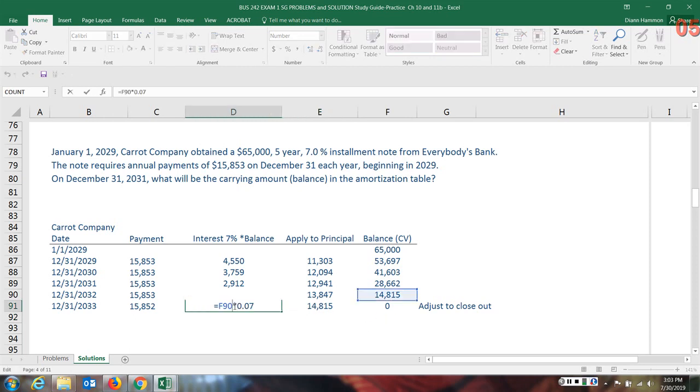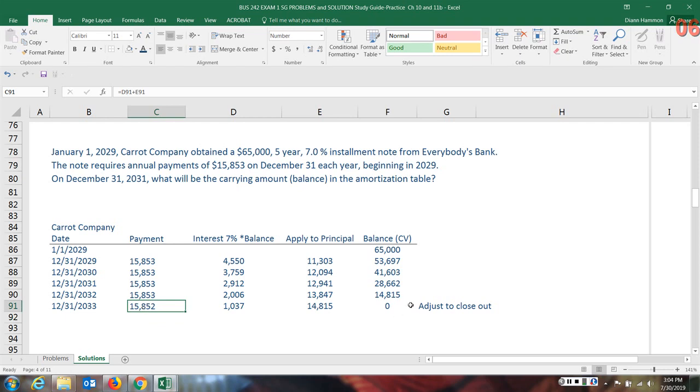We still calculate the amount of interest based on that $14,815 times 7%. So that means the last payment is equal to the interest amount plus the amount being allocated to the principal, so $15,852. And this does happen often on your last payment of an installment.